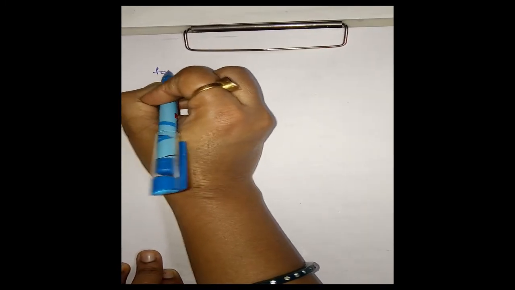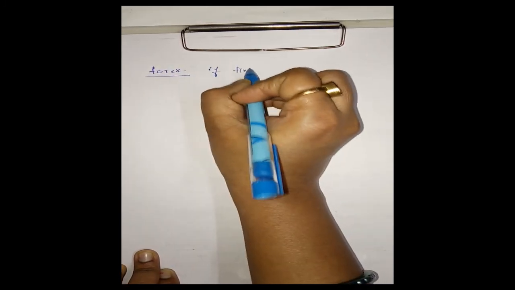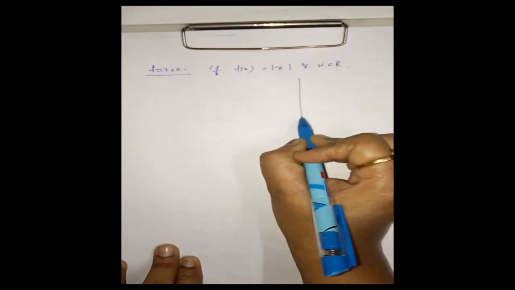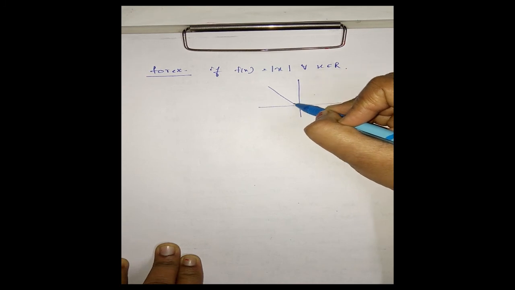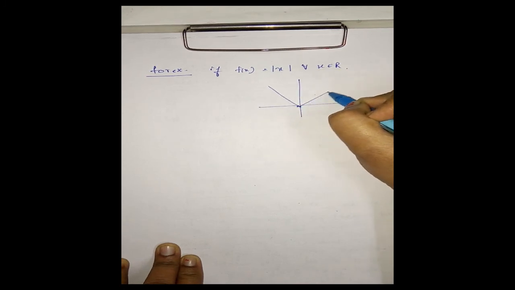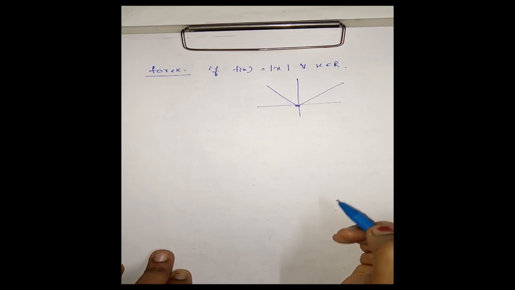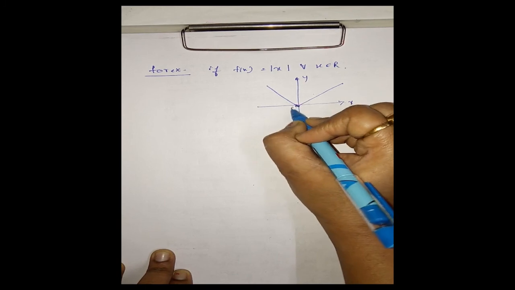For example, if we consider the function f(x) is equal to mod x for every x belonging to the real line, then we know the graph of the function mod x is of this form. Okay, graph of mod x is like this. This is x, this is y, passing through origin.